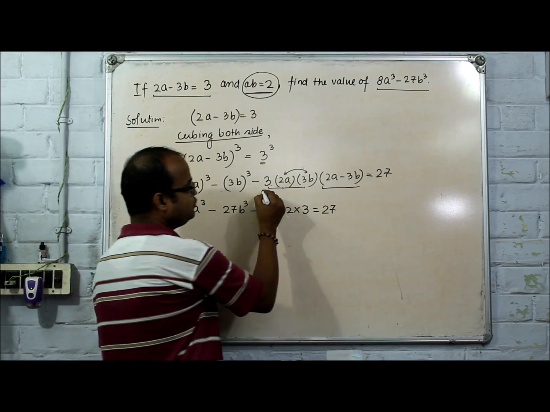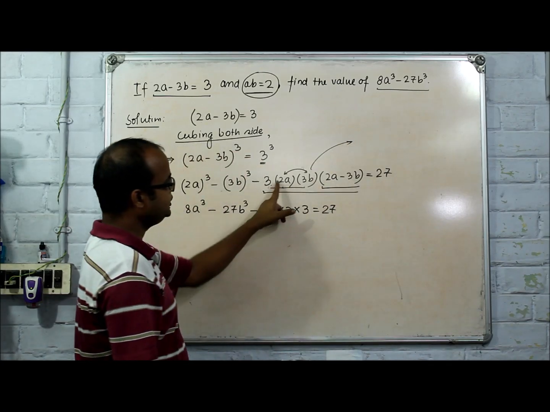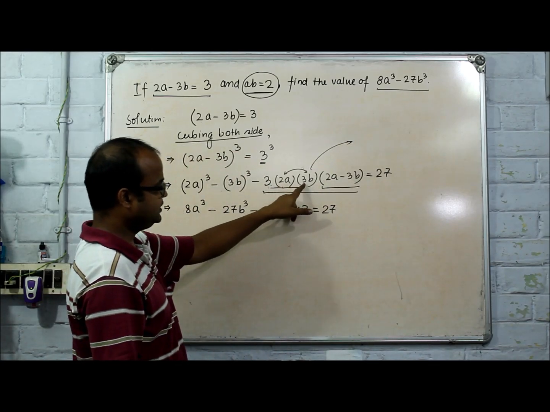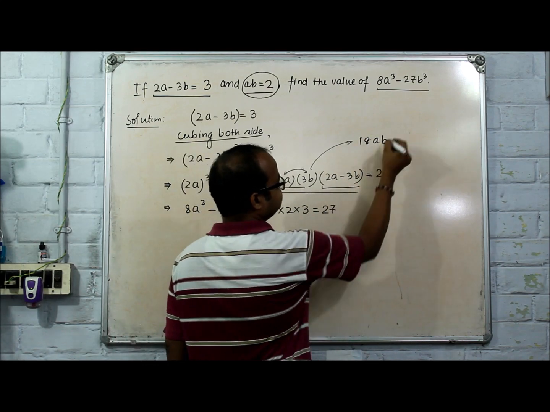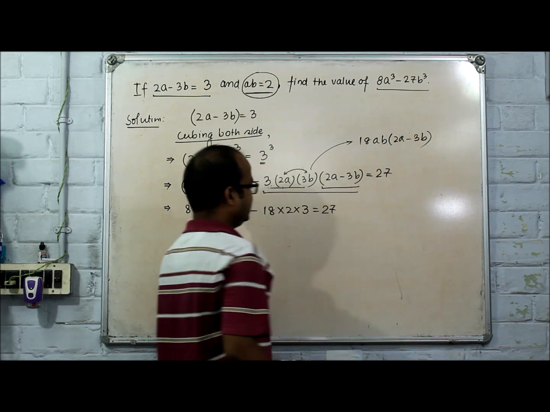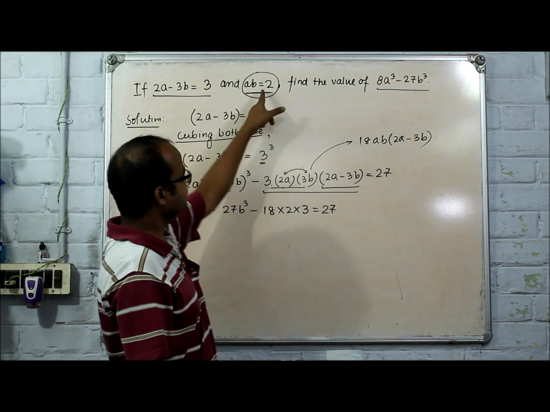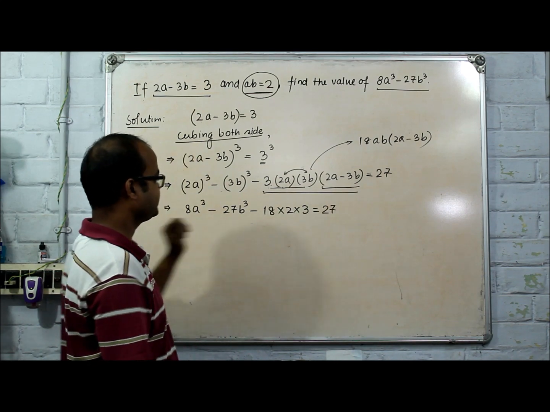Again I am repeating, if you multiply these, I am showing the calculation here. 3 twos are 6, 6 threes are 18. ab, 2a minus 3b. Now 18. The value of ab is 2 and the value of 2a minus 3b is equal to 3.